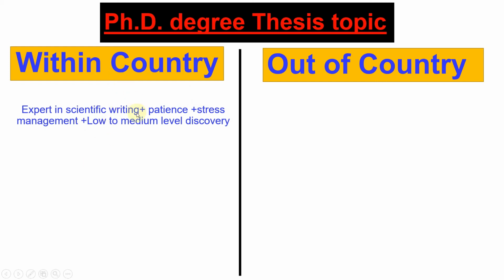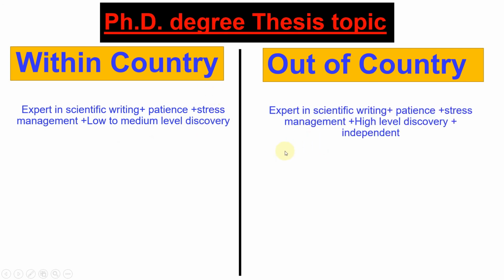Within your country, if you are doing research, you go from low to medium level discovery. But if you are doing your PhD from a foreign university, you should consider that they usually require a high level of discovery, and they want you to become an independent researcher.